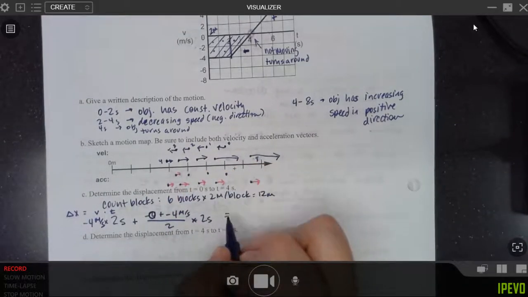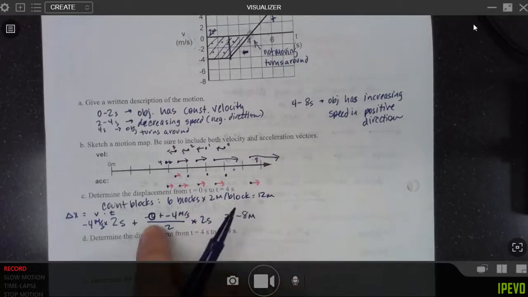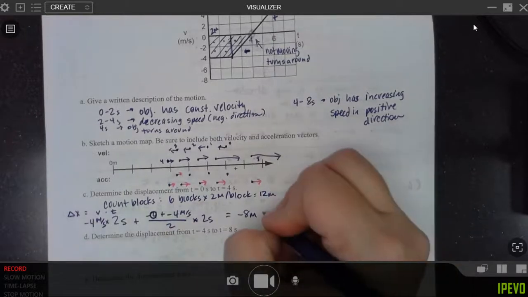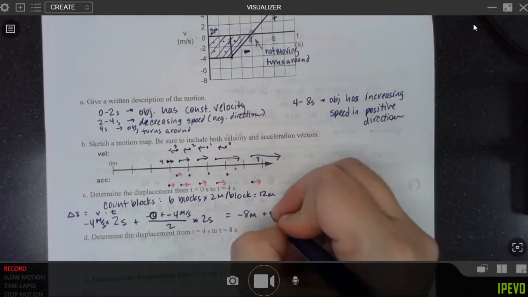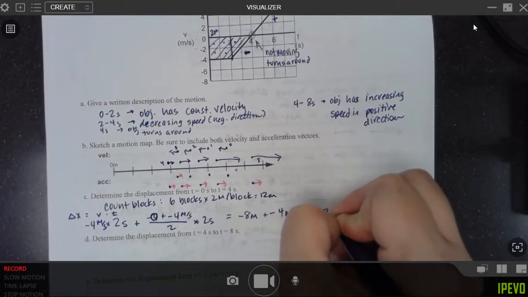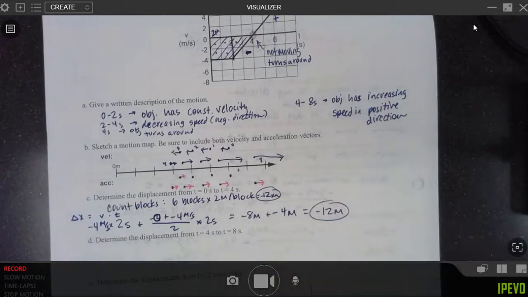So here our first part is going to be minus 8 meters. The second part is going to be minus 2 meters per second times 2, which is going to be minus 4 meters. So that's going to get us to minus 12. Same as up here. So it's 2 different ways that you can solve it.